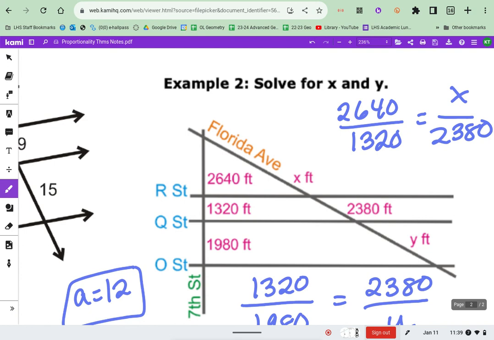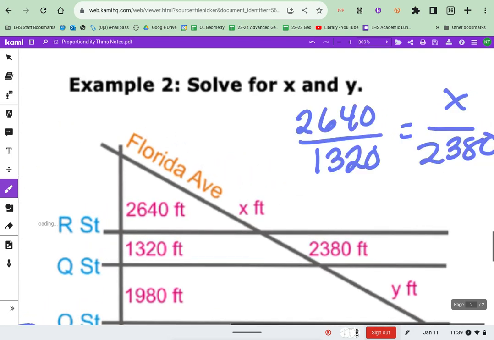All right, so for your proportions, you need 2 separate proportions because you're solving for 2 variables. For your x, I like to just go top over bottom equals top over bottom. So kind of view the picture like it's already set up in a proportion. So that's why I did 2640 over 1320 equals x over 2380 to solve for x.